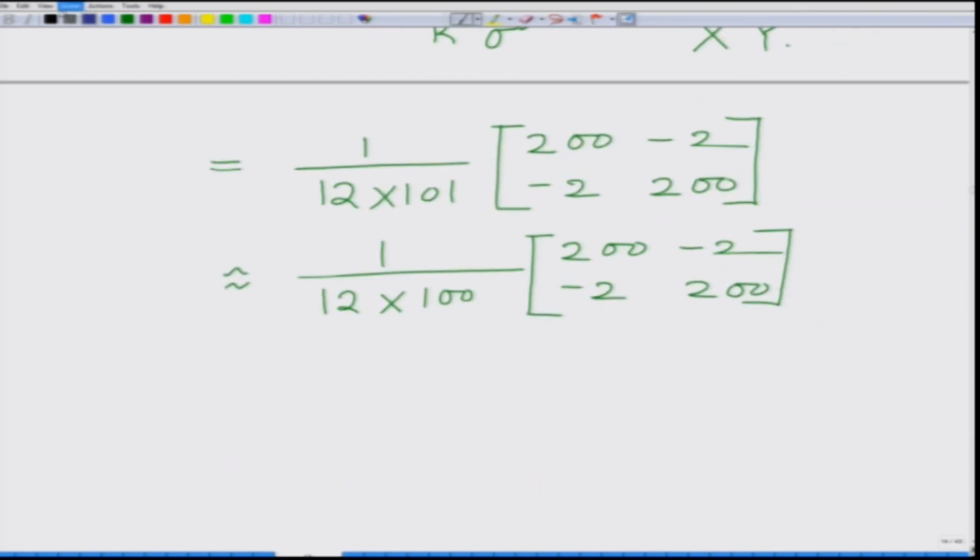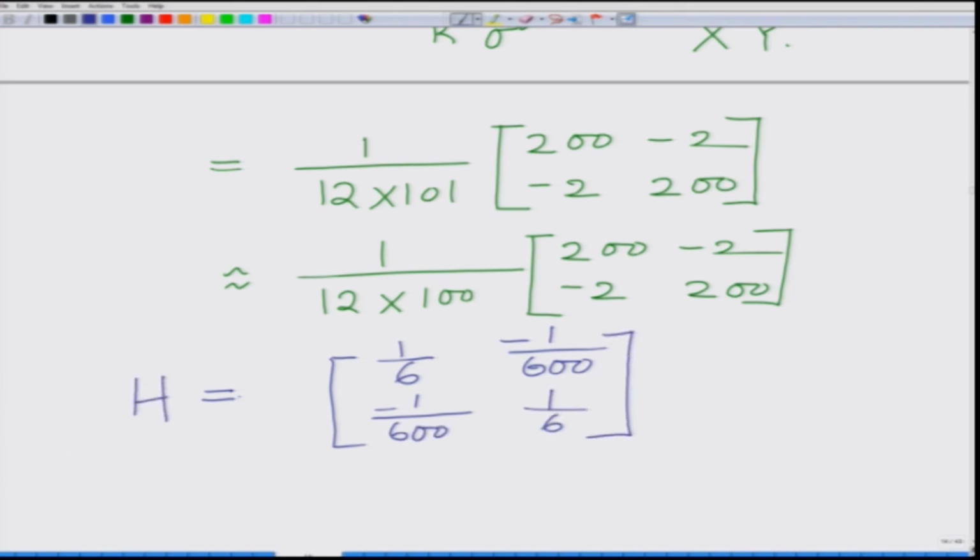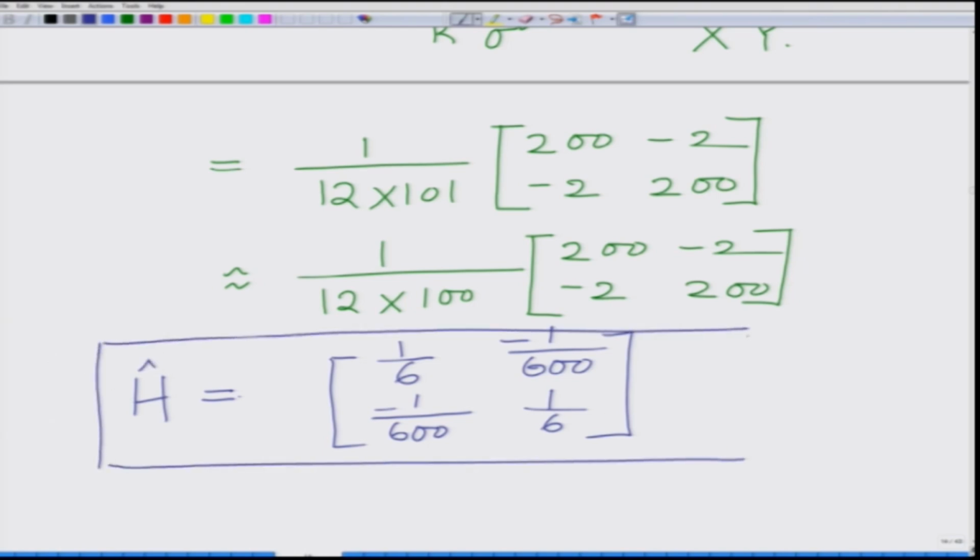If you look at this, it is equal to 1 over 6, minus 1 over 600, minus 1 over 600, 1 over 6.